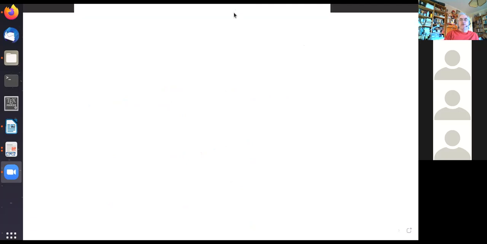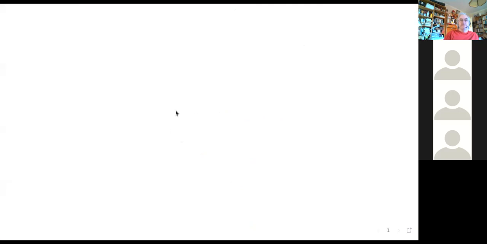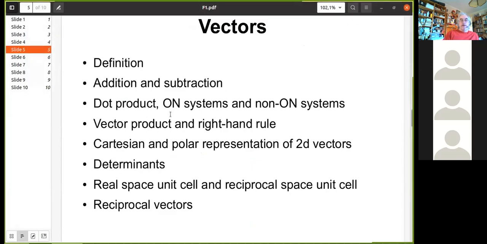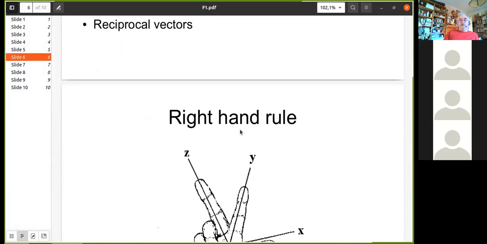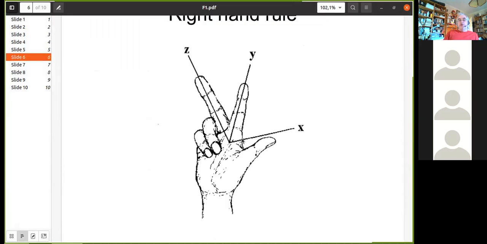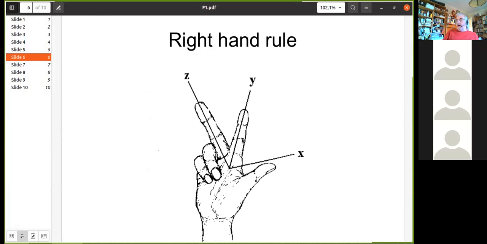Let's see if I forgot something. Dot product, vector product, and by the way, right hand rule, it says here. This is very important. Why should we bother about describing things in a right-handed coordinate system?